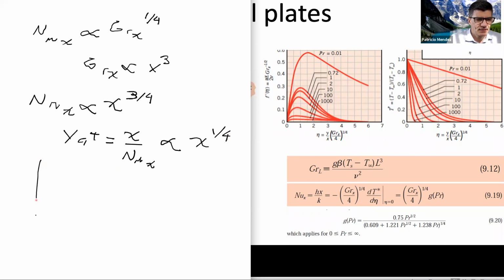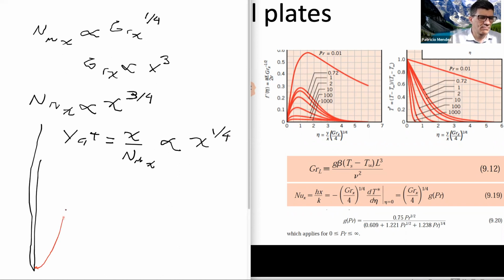What it says is that if we have our vertical plate here, and we have a boundary layer developing, this thickness is proportional to x to the 1/4, and x was moving in that direction.